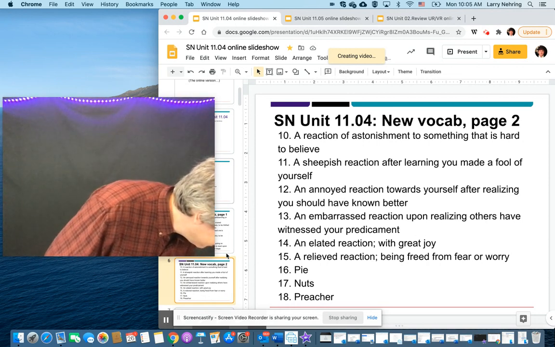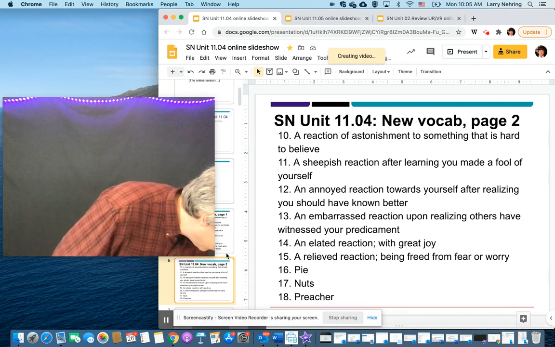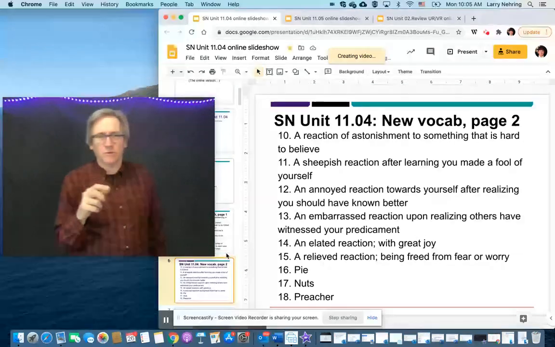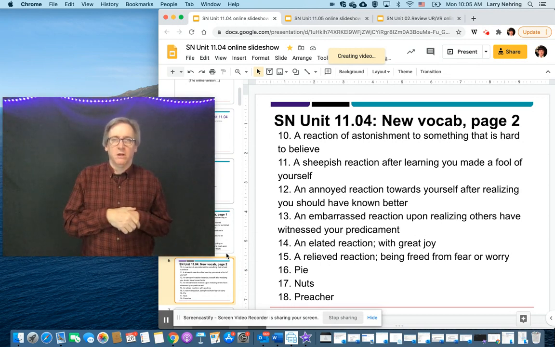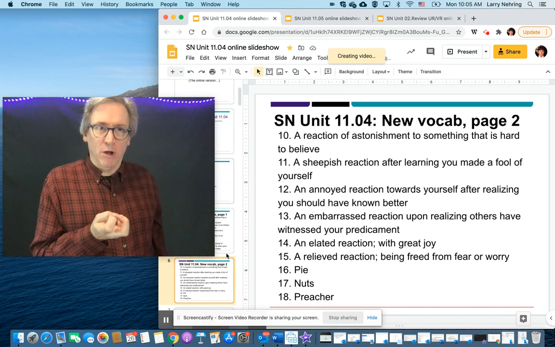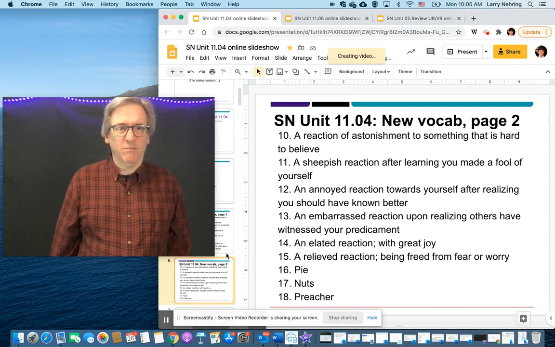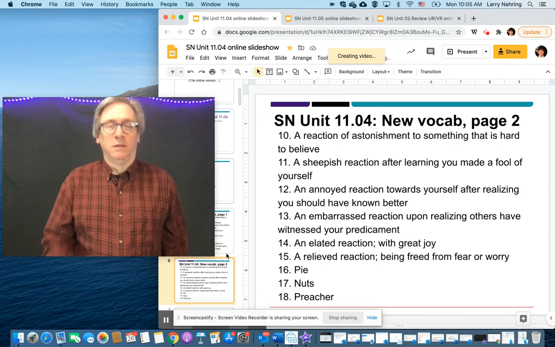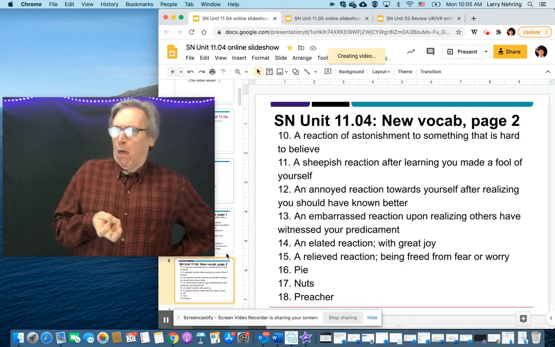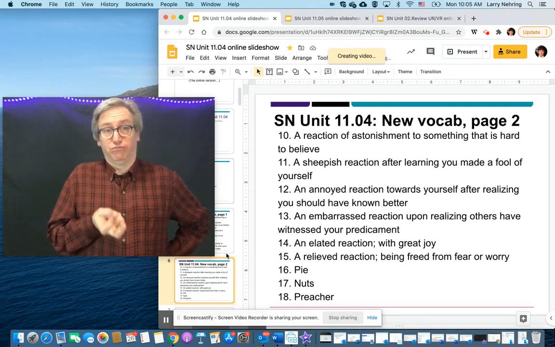Well, this one, there's a couple of different ones for astonishment. In this case, it's like the jaw dropping open. You've seen it in movies and cartoons. So jaw drops open.